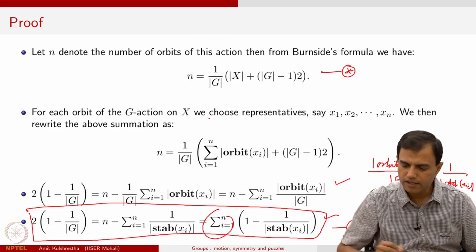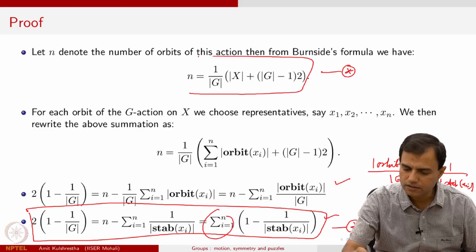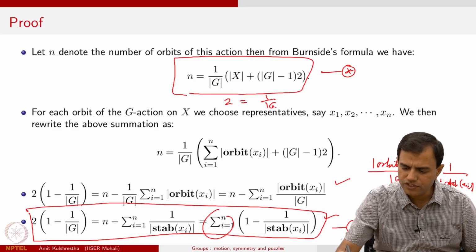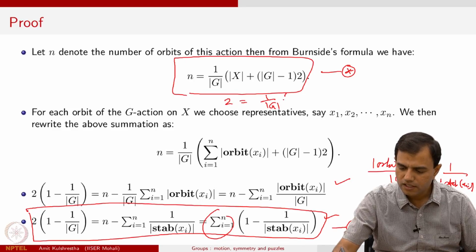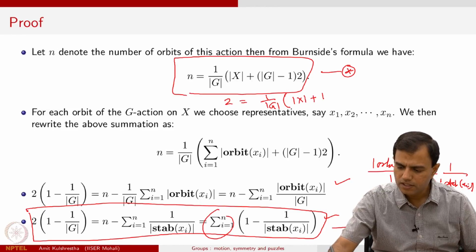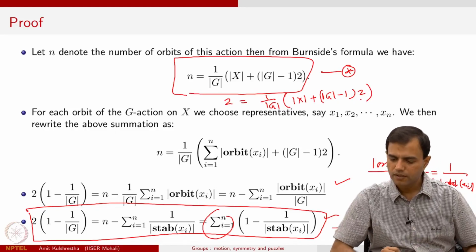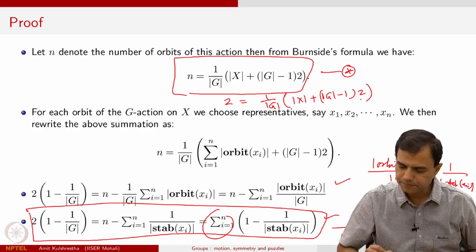Let's go back and look at this. So if n is 2, then 1 divided by size of g times mod x plus size of g minus 1 times 2. So what happens here?